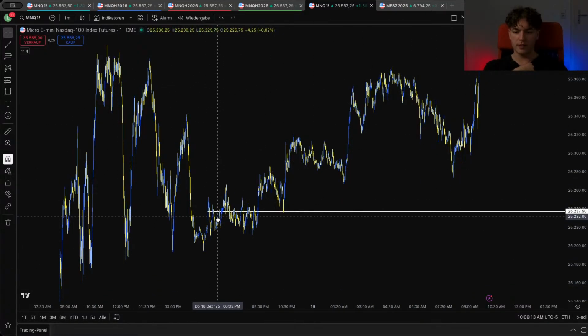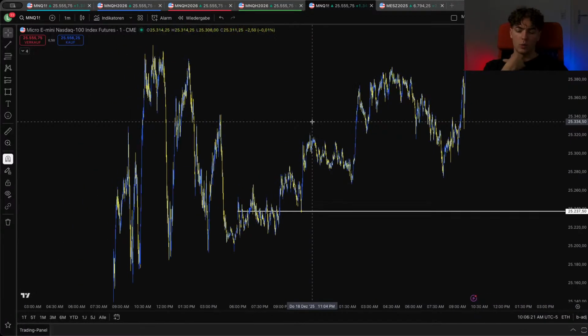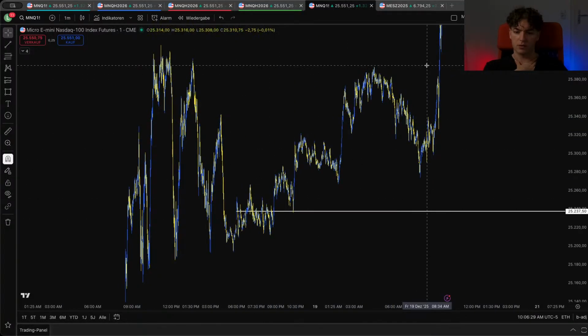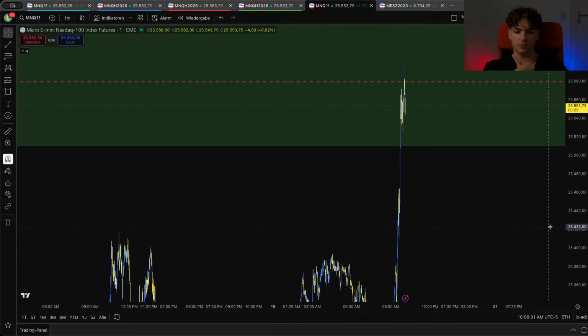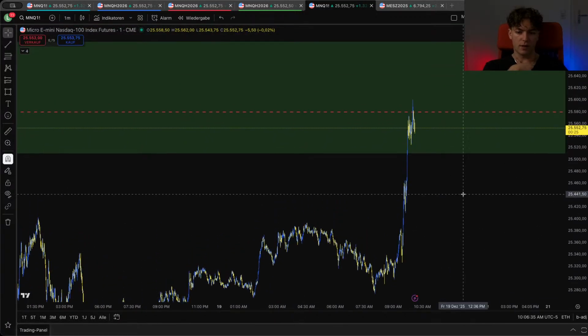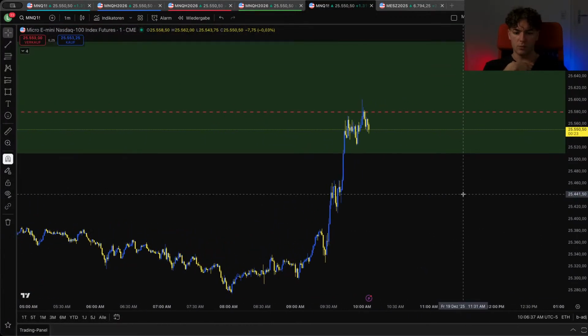Why not manipulate these lows in here and then move higher when we were bullish on the high time frame? So we just went straight up to the buy side. So I'm still rather looking for a market maker sell model to form.